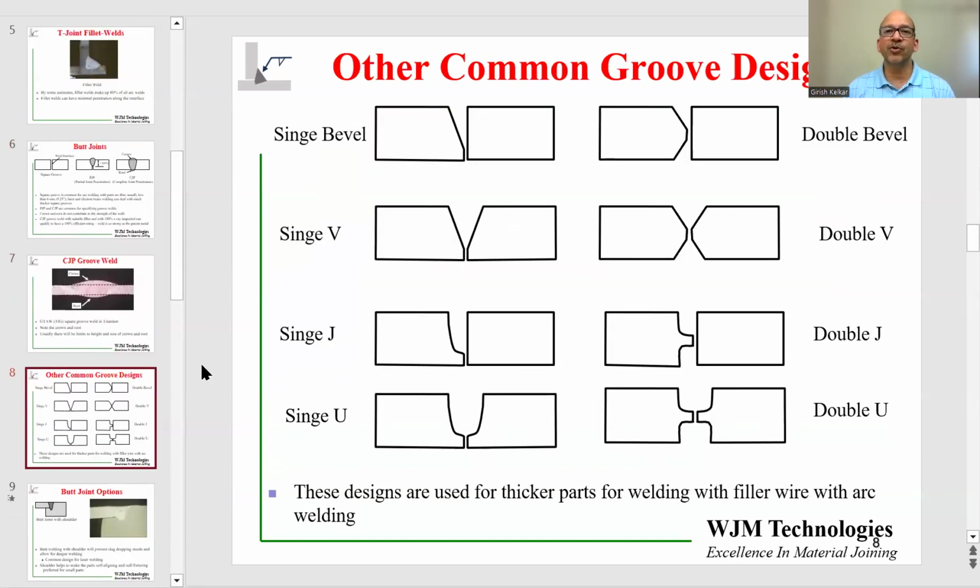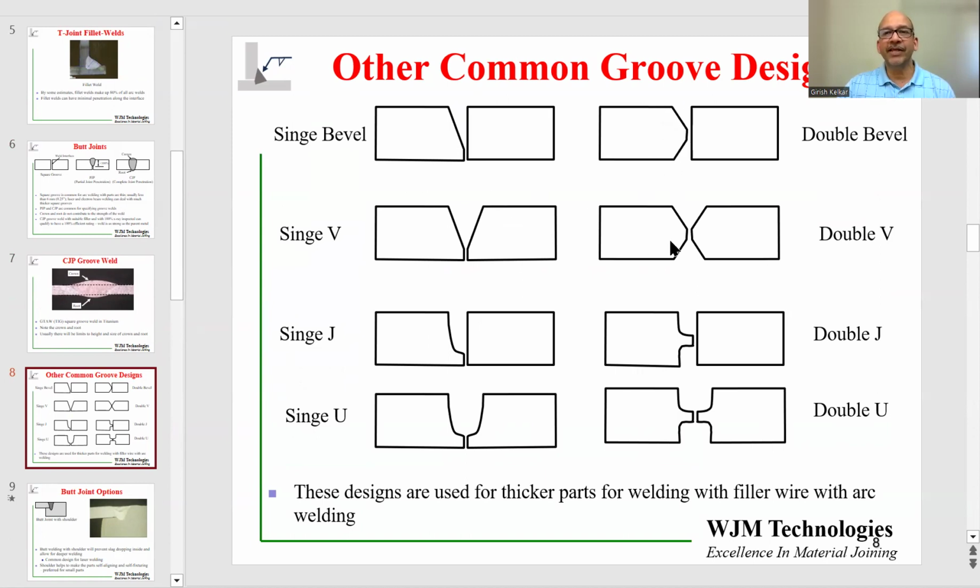Once the parts become so thick that a square groove design cannot give a full CJP weld in arc welding, then we have to use other designs where you allow a way for the filler wire to go in through the thickness. This can include a single bevel, which is a bevel on just one side, a double bevel, which is again on the same component, but from both sides.